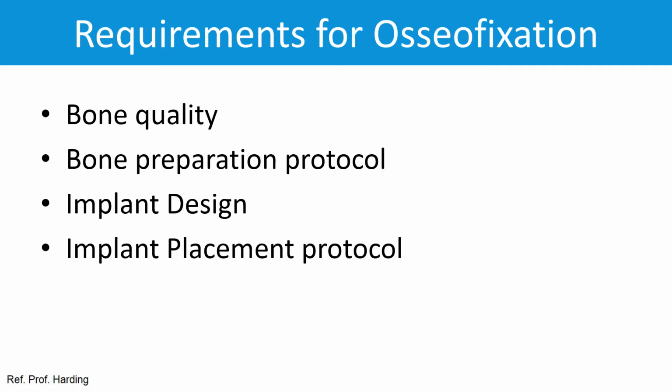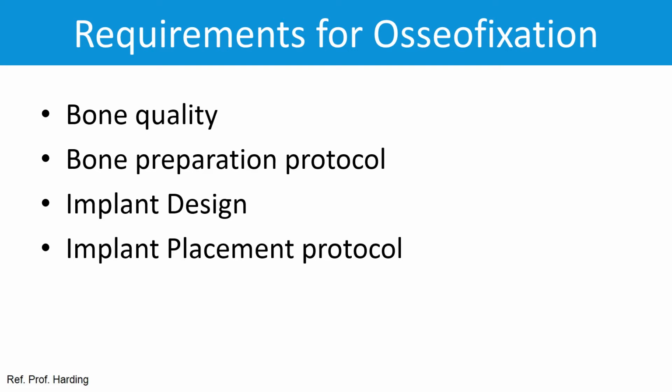Now, although we've been looking at primary fixation in terms of delivering osseofixation, primary fixation is also equally important in delivering osseointegration. As we've said before, if we can't stabilize the implant to prevent its movement by more than 100 microns, we are unlikely to achieve osseointegration, the bonding of the bone to the surface of our implant.